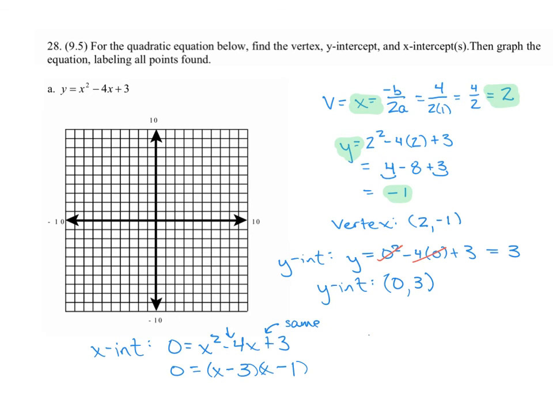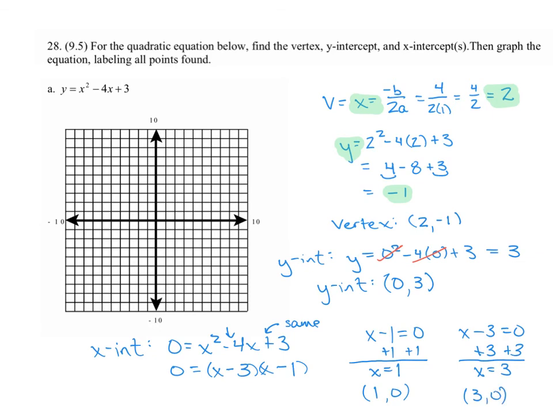All right, if we set each one of these little factors equal to 0 and solve, we get x equals 1. As an x-intercept, this is 1, 0. And we get x equals 3. As an x-intercept, this is 3, 0.